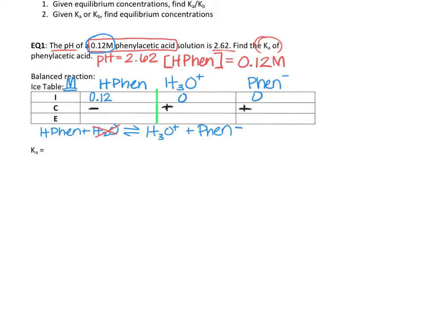I can't have less than 0, so the reactants had to turn into products. So there's an X right here, minus X, and then that means plus X and plus X for my 2 products.